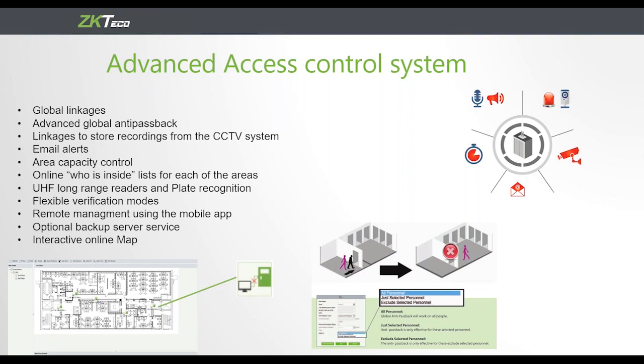We also have linkages to our CCTV system, and we can do some recordings. For example, if there's a special alarm in my access control system, like a forced door, we have some door sensors. With the door sensor, we know the door status. If we know the door status, we can know if someone has opened a door without verification.